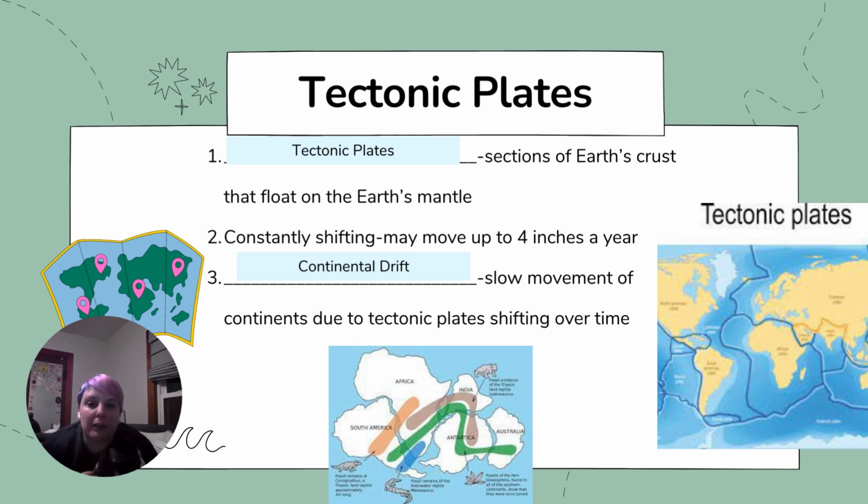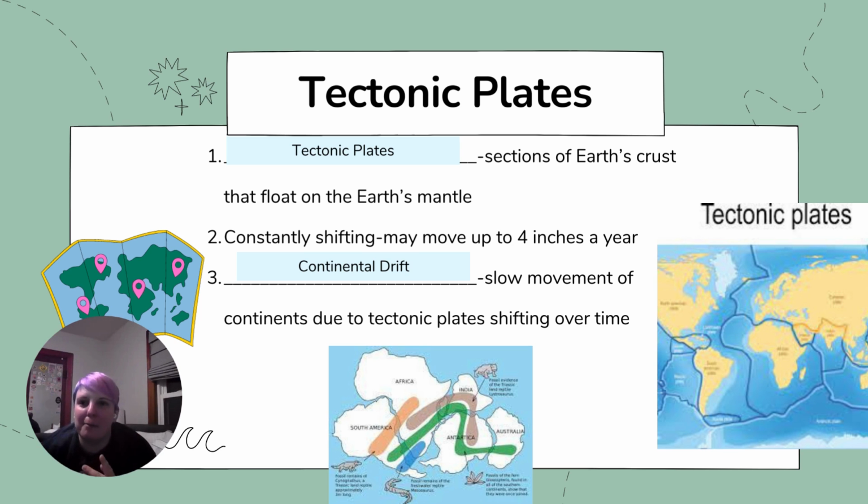Tectonic plates are also constantly shifting, and they may move up to 4 inches a year. Because the Earth's 7 continents each rest on tectonic plates, the shifting of those plates can cause the continents to move over time. You might have heard about something called Pangea.